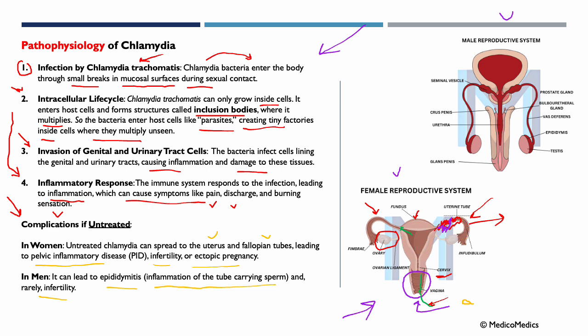Now, the same can be said for the male reproductive system, right? So for males, what could happen? Well, during sexual contact, bacteria enter through the urethral opening, so the tip of the penis here.